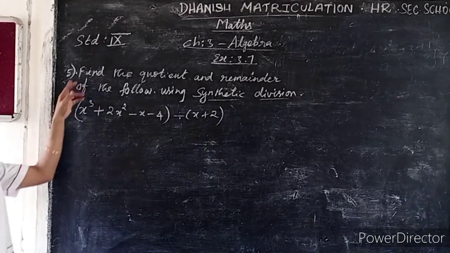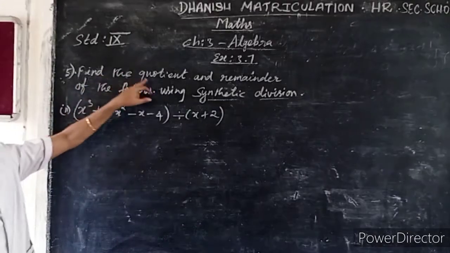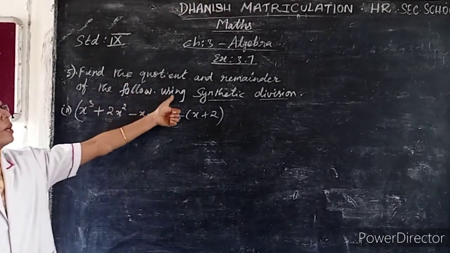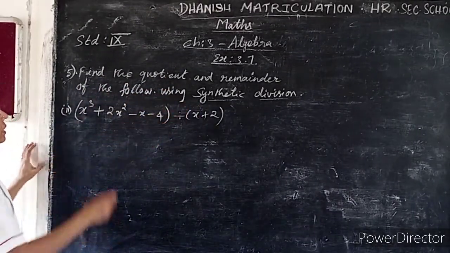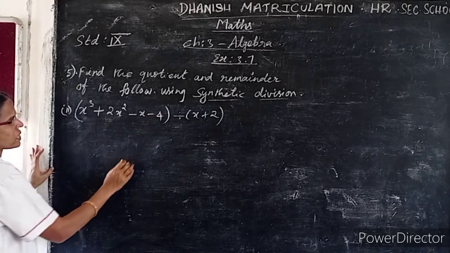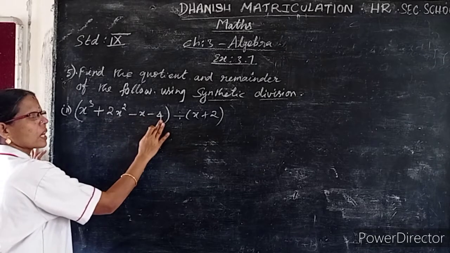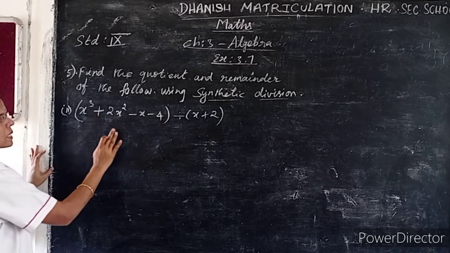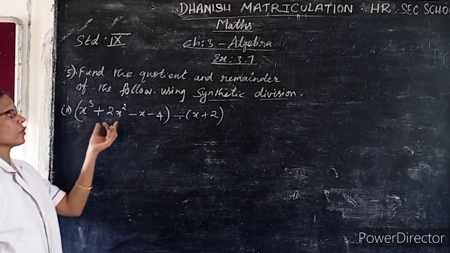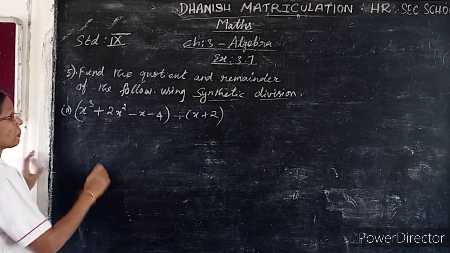Now from the 5th question, second subdivision: find the quotient and the remainder of the following using synthetic division. Here also write all coefficients only: x cube, x square term, x term, constant term. All terms are present. Suppose one term is missing, you should write 0 in that particular place.